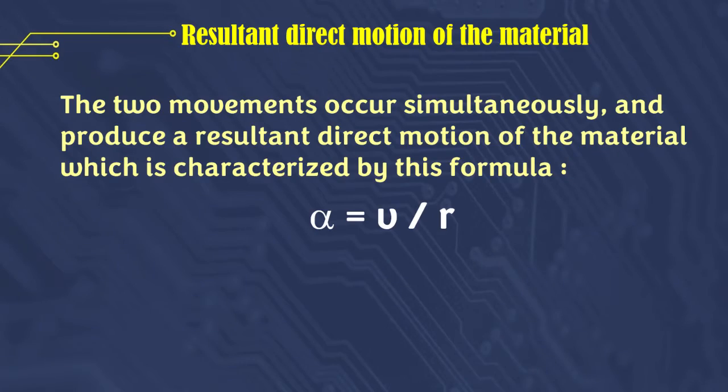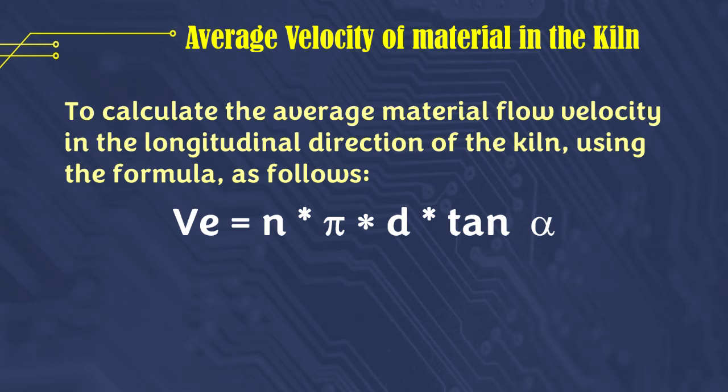The two movements occur simultaneously and produce a resultant direct motion of the material, which is characterized by this formula: alpha equals V divided by R. To calculate the average material flow velocity in the longitudinal direction of the kiln, use the formula VE equals N multiplied by pi D multiplied by tangent alpha, in meters per minute.